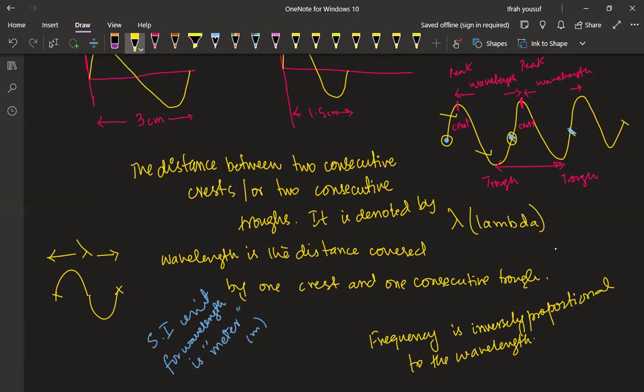What inversely proportional means, we will discuss in the next class. I can only tell you this much: if one thing is decreasing, the effect is that the other is increasing. So if the frequency is less, then the wavelength will be greater; if the wavelength is lesser, then the frequency will be greater. This is how we can define an inverse relation.